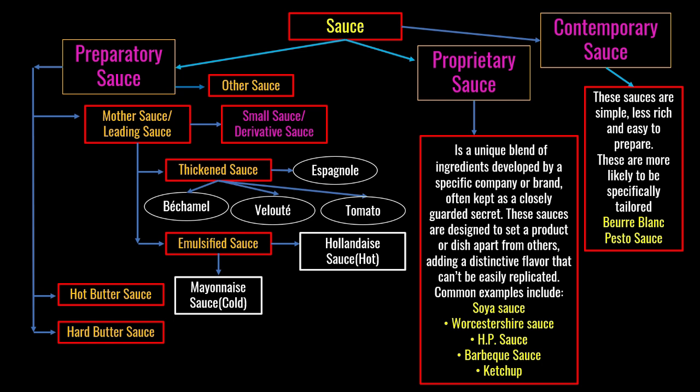So they are unique, very simple, not taking prolonged time for cooking, and specifically tailored for a particular dish. A few examples for the time being are beurre blanc and pesto sauce. We'll definitely learn more about these proprietary sauces and contemporary sauces in the later part of the chapter.